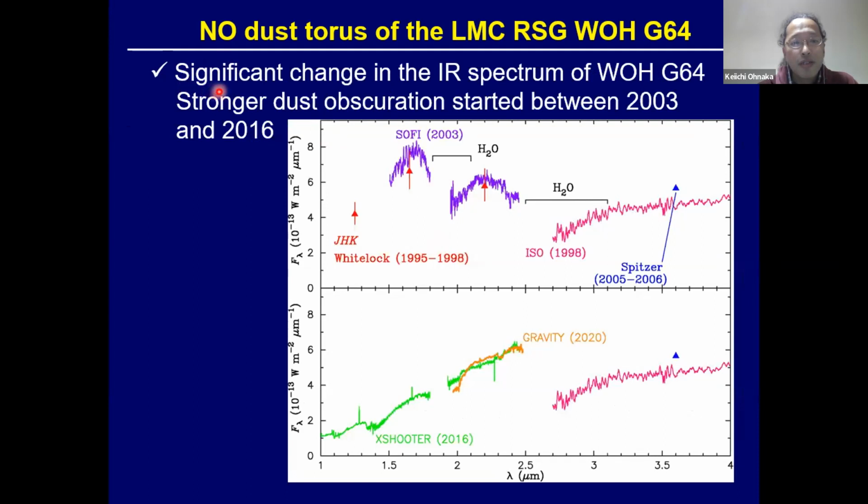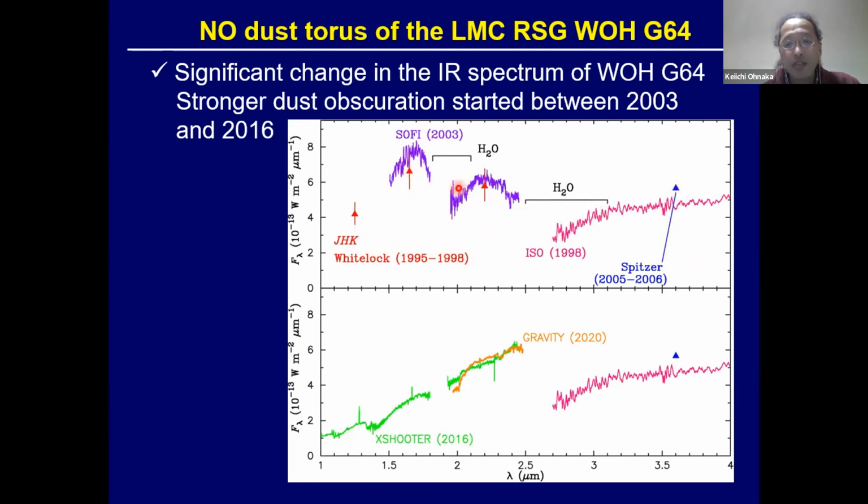Because we found a significant change in the infrared spectrum of WOH G64. So what's shown here is the spectrum from 1 micron to 4 micron. The upper panel shows relatively old data: the photometry, the SOFI spectrum, and the ISO and Spitzer data.